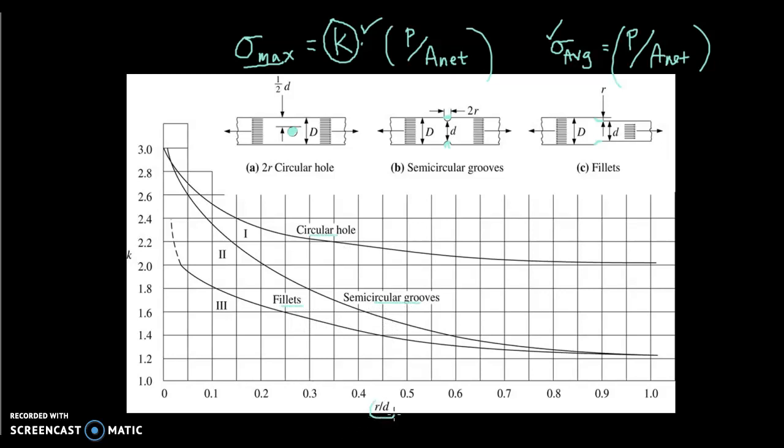So we need to find R over D along the horizontal axis, follow that up until we hit the curve of whichever three situations we're investigating, and then come over here, and along the vertical axis we have our K values. So R over D is equal to the radius divided by the net width.